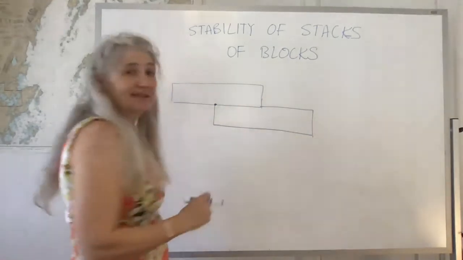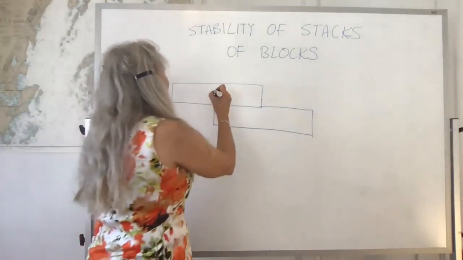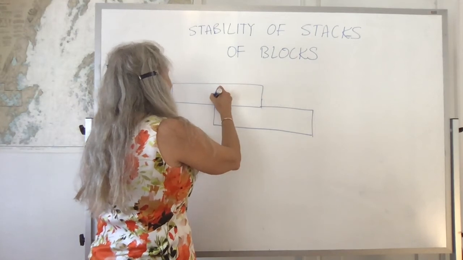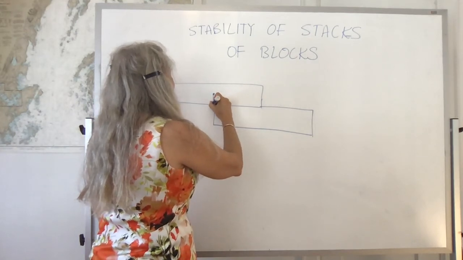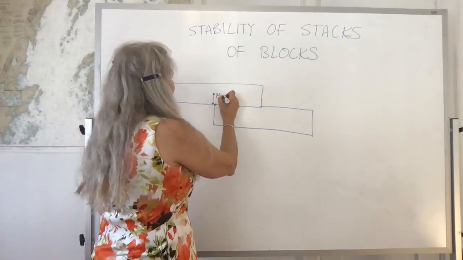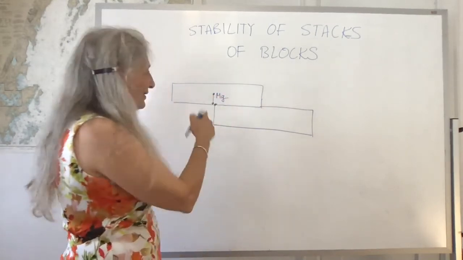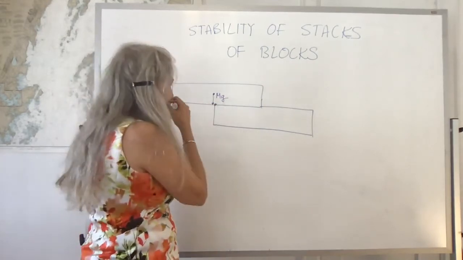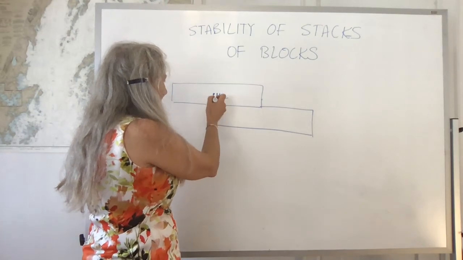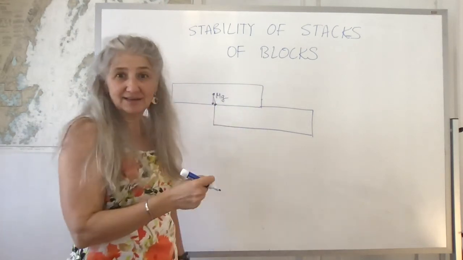Just like our compound pendulum, we figure out where the center of mass of this block is. We have to exert mg, so the torque is r cross mg. The relevant part of the radial vector is only the horizontal component.